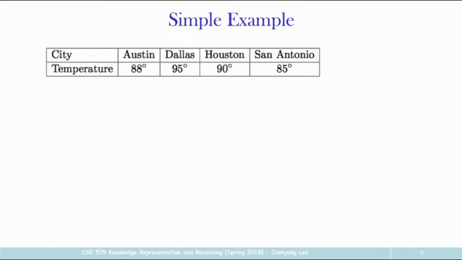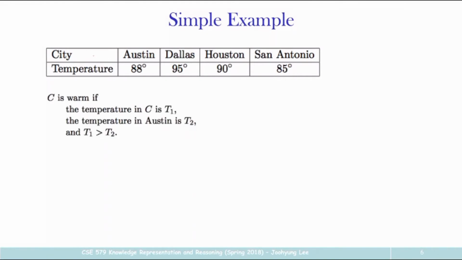So let's look at this example. A simple database: this is the temperature of each city. And the knowledge that we want to express is this. We want to say that city C is a warm city if the temperature in C is T1 and the temperature in Austin is T2 and T1 is greater than T2.